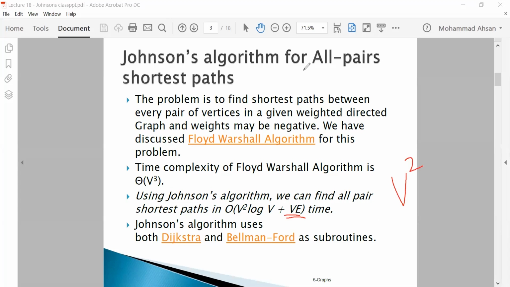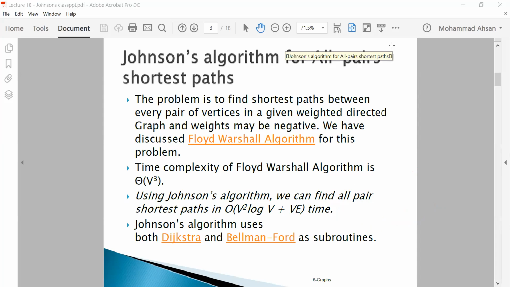So if you replace that here, you get V cubed plus, you can say E log V. So this is the maximum of the two. So the runtime for Johnson's also becomes V cubed if it is a complete graph. So it gives you a good runtime only when you have a sparse graph with not V squared number of edges.